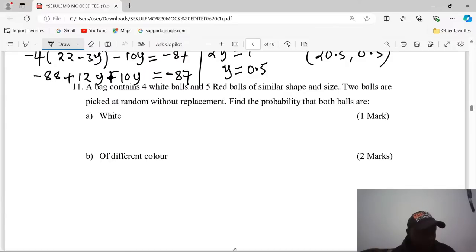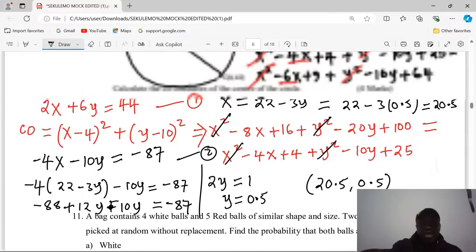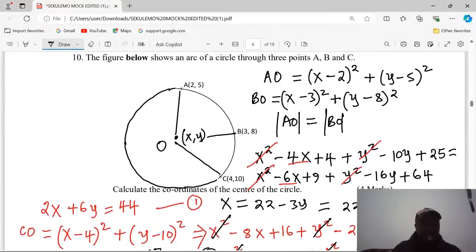What if you are given only 2 points, say A and B? Okay, you can only be given points which will aid you to get to the center of the circle. Without such, you cannot get. Because alternatively, this question can also be done this way.